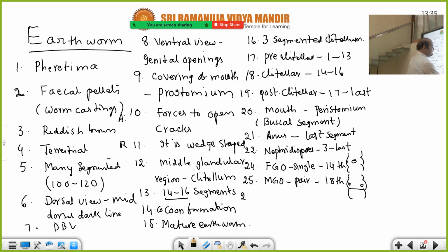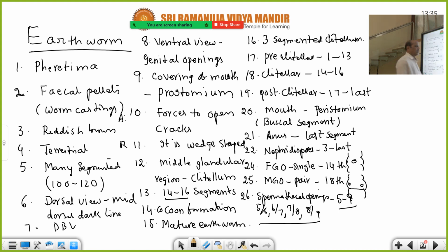Then spermathecal apertures. Spermathecal openings: 5 to 9. The same thing can be written like this: 5/6, 6/7, 7/8 and 8/9. Like this also you can write it down.